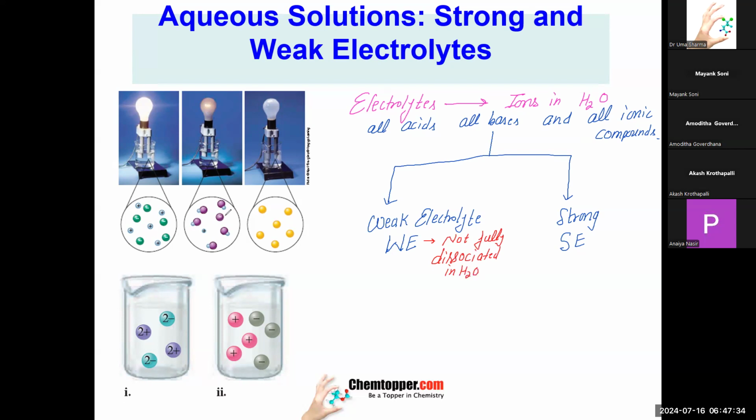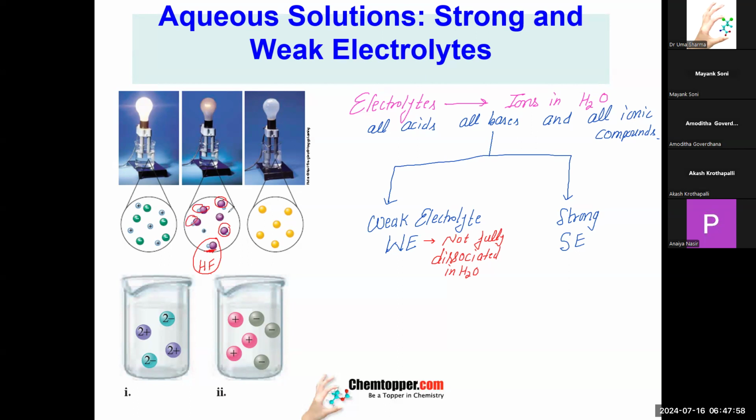Check here. Let's say you can see this molecule, and let's say this is HF. Is this dissociated right now? It's an acid. Is it dissociated? No. This one? No. No. No. But one molecule is dissociated.